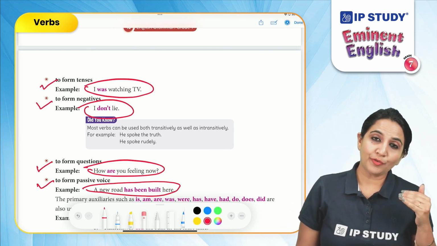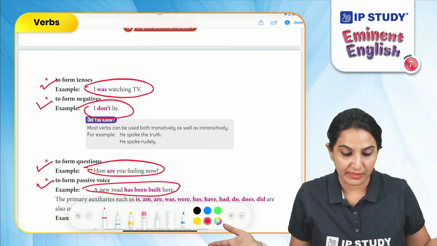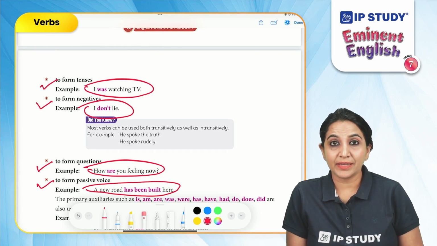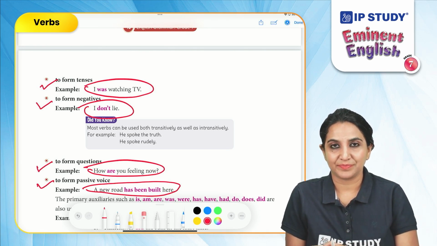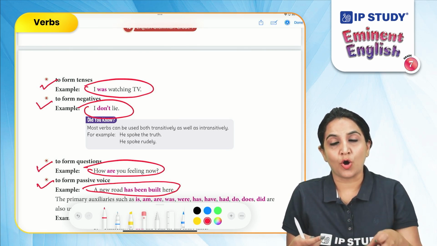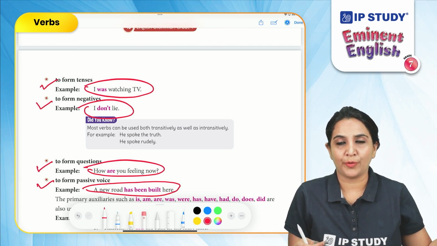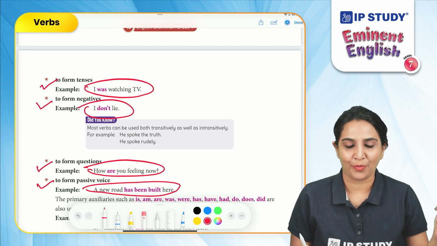Now, to form passive voice, that means a new road has been built here. Here, the verbs like has been, have been, were being, all of these verbs are used to form the passive voice. That means they help the main verbs to form a passive voice.